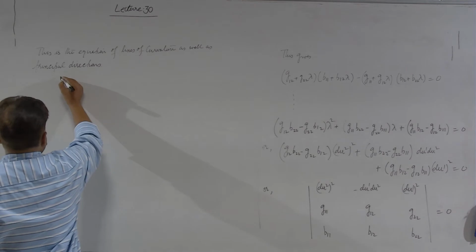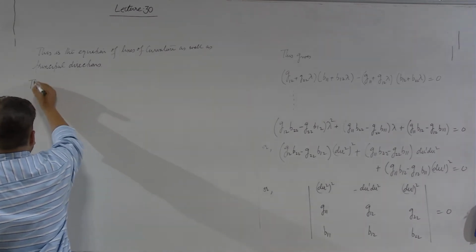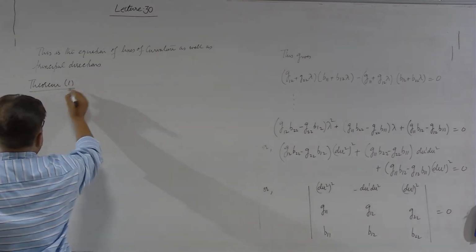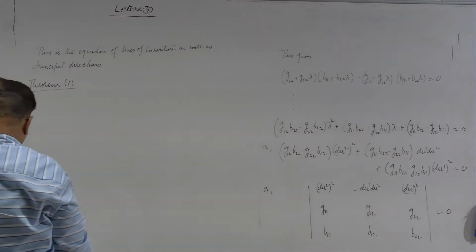With regard to the existence, I have this theorem, let me call it theorem number 1 for lines of curvature.